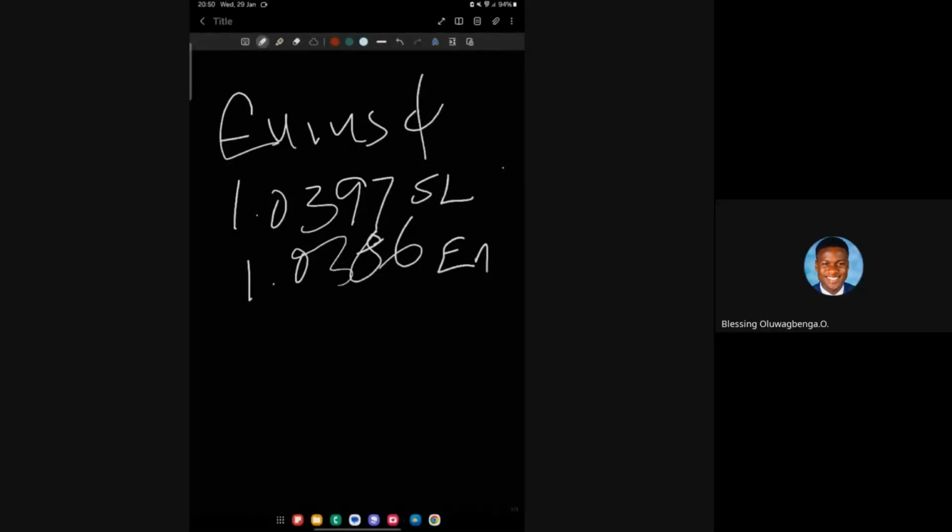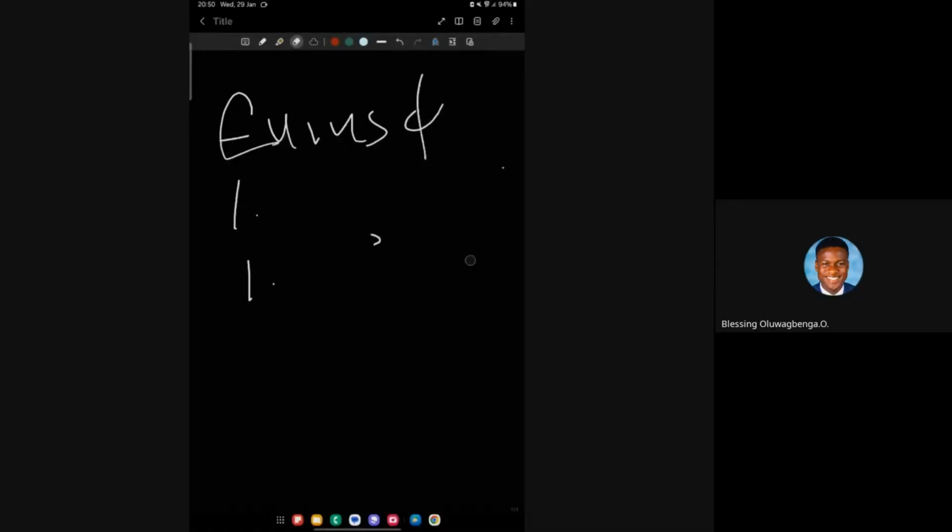The simplest way to calculate, there are several ways that you can calculate your pips. There are complicated ways, but I'm going to teach you the simplest way so that the trade will not come to your entry and even hit your TP and you are still calculating. All right.